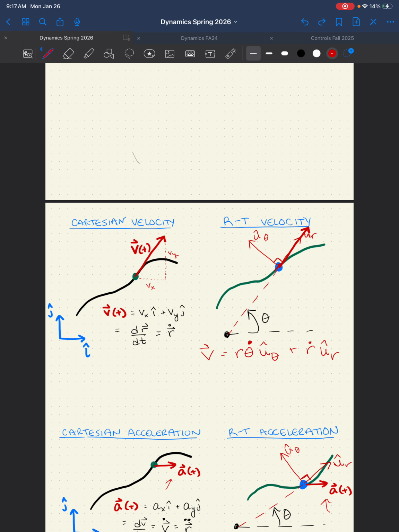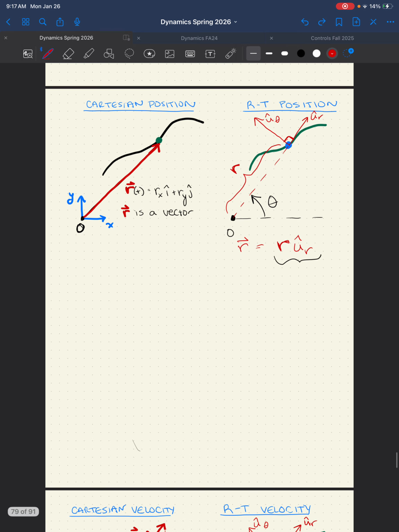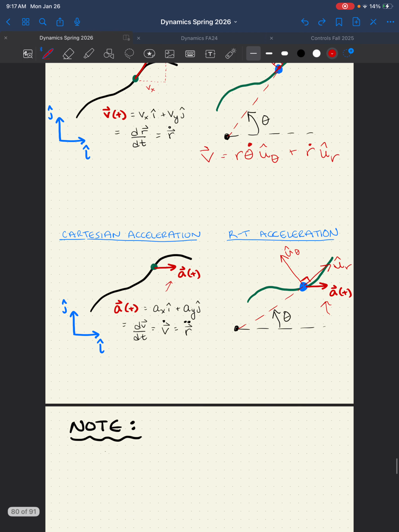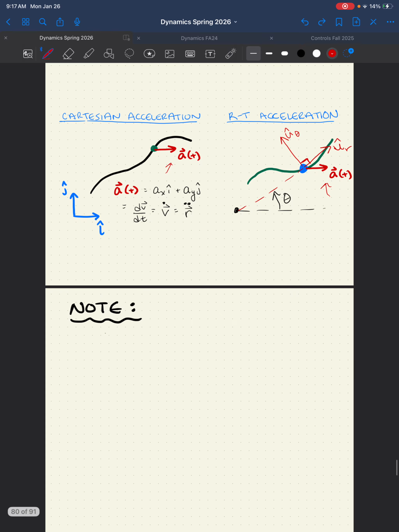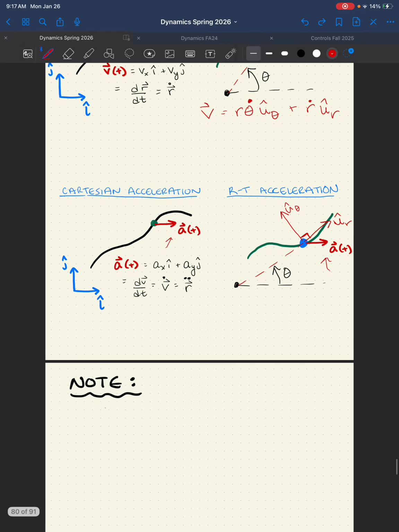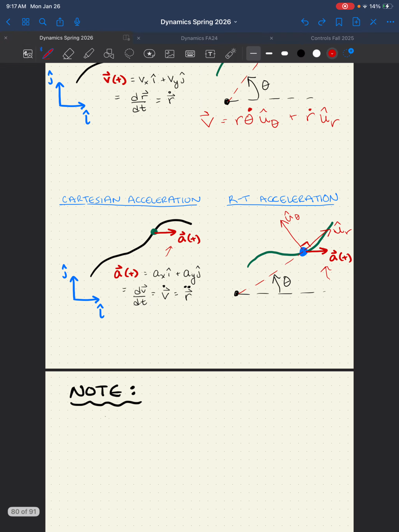So I'm going to erase that for now. But all this to say that this r, v, and a vector are properties of the way the particle is moving around the path. And they don't change at all depending on which coordinate system you choose. It's just a different way of expressing the same vector.